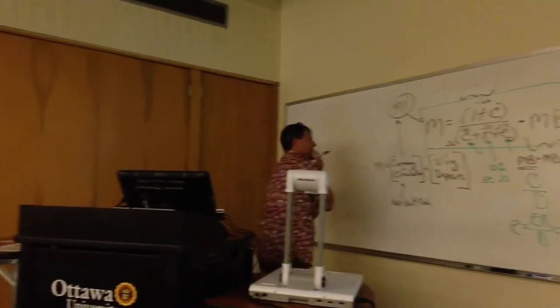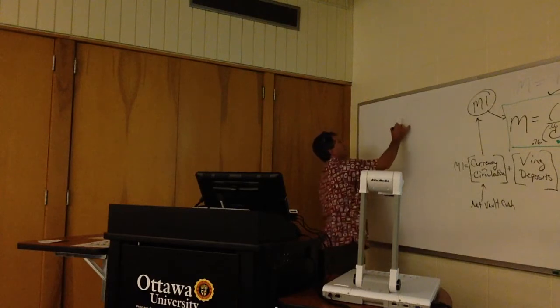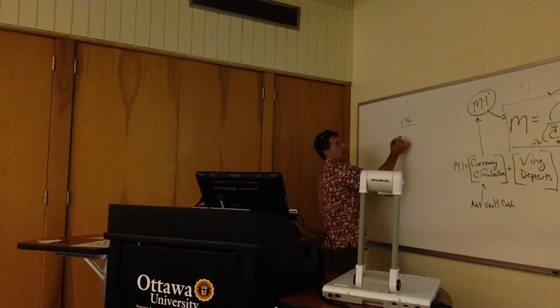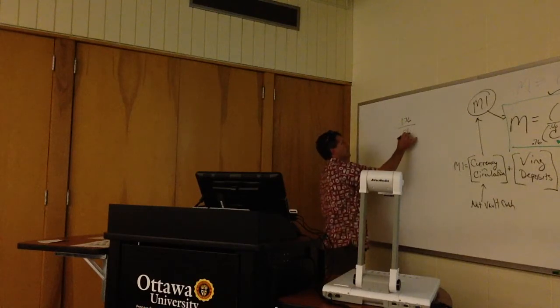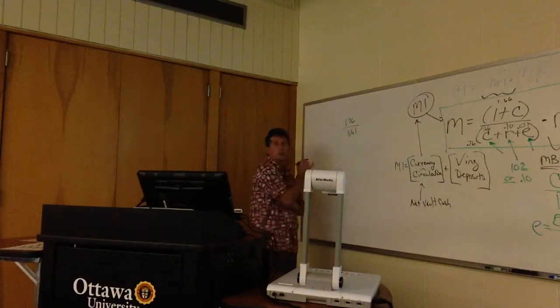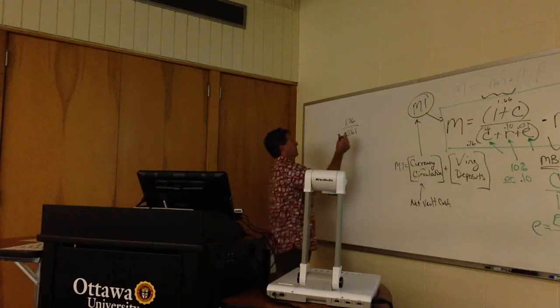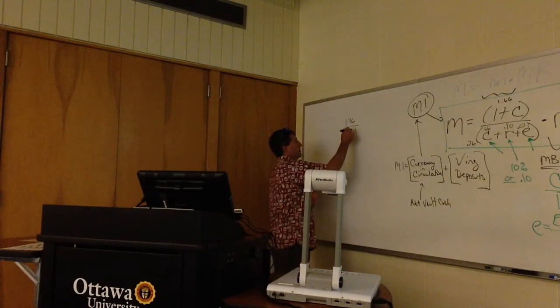So let's just do it. We already know the answer was 0.1. So if that's 0.76, what's 1.76 divided by, what does this end up being? 0.861? This one ends up being 8.7?